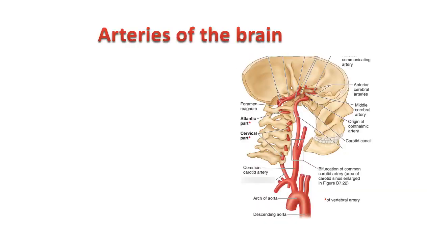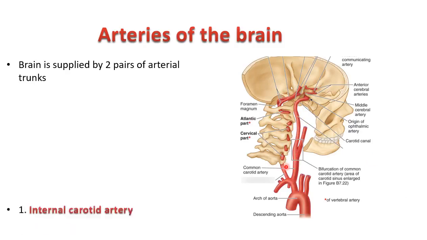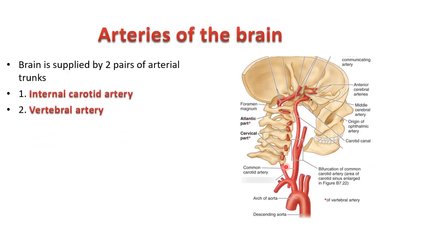Coming to the arteries of the brain, two systems of arteries supply the brain. One is the carotid system of arteries, the internal carotid artery, and the other is the vertebrobasilar system, that is, the vertebral arteries uniting to form the basilar artery.